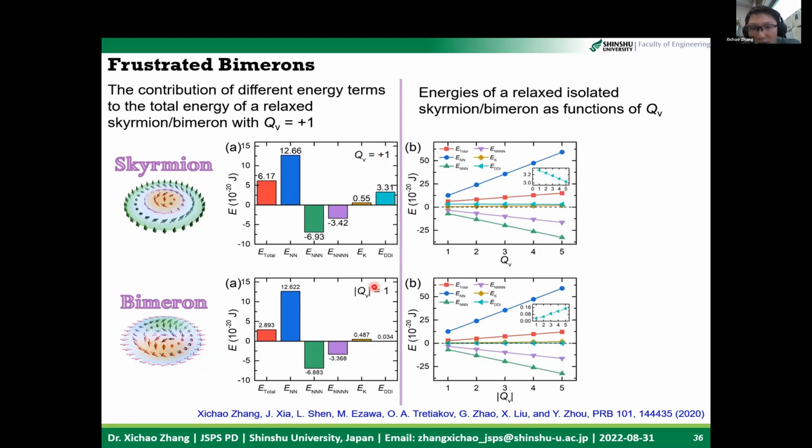In this slide, the two figures on the left side show the contribution of different energy terms to the total energy of relaxed bimeron or skirming with a vorticity number of +1.